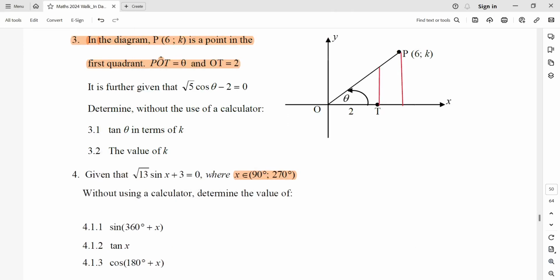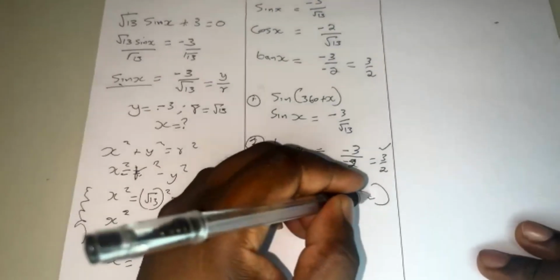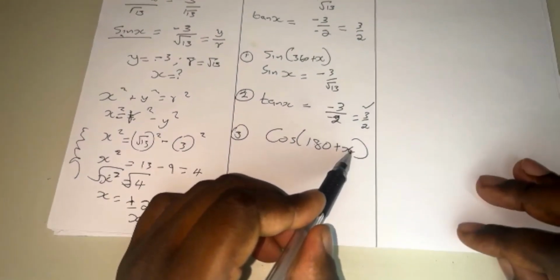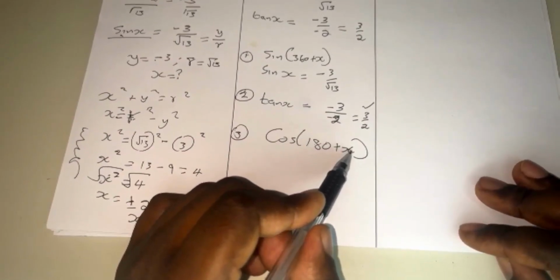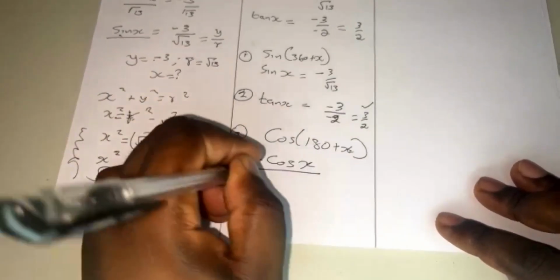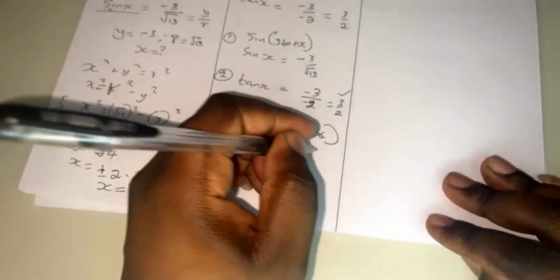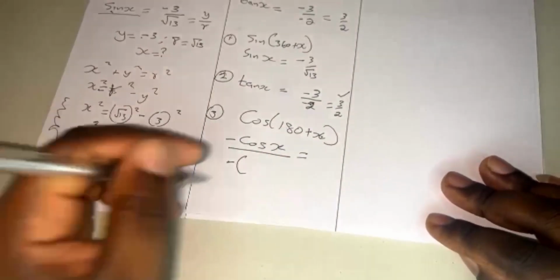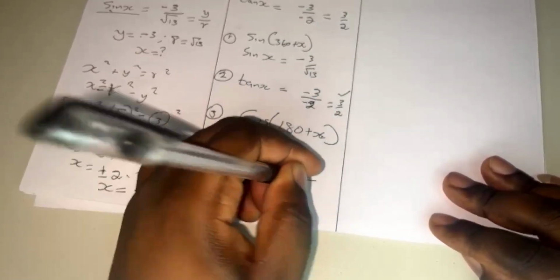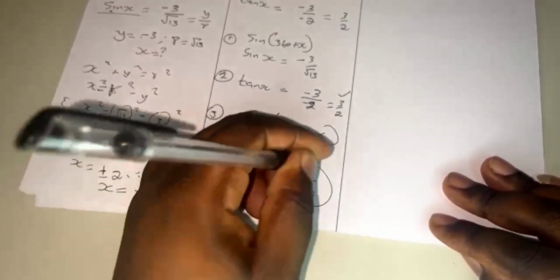The next question asks for cos of (180 plus x). 180 plus is quadrant number 3, where cos is negative. Then we have negative cos x, which is negative of negative 2 over root 13, equal to 2 over root 13. That's your answer.